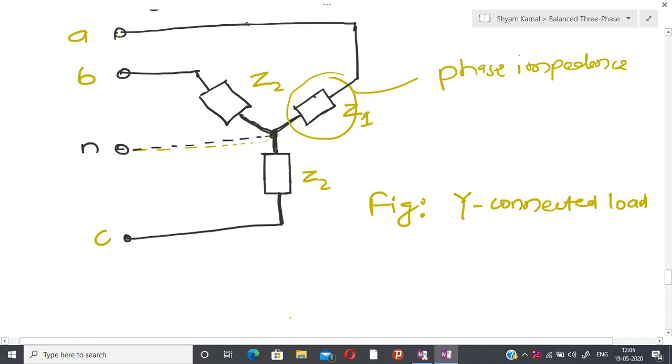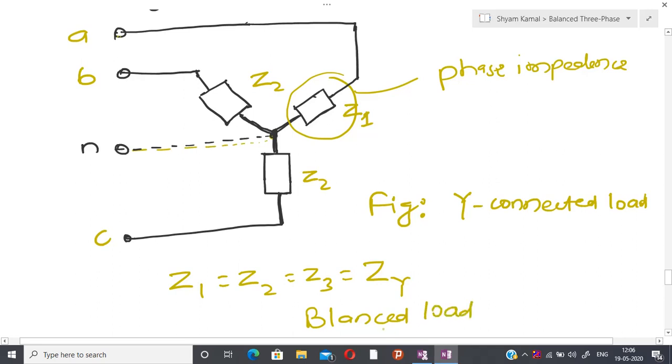And whenever I have a balanced load, it means that I am talking about Z1 equal to Z2 equal to Z3, and I am denoting that this is Y connected, so this is the balanced load.